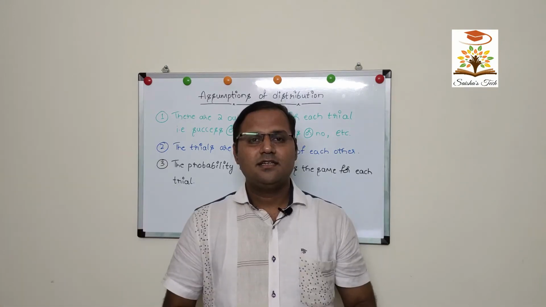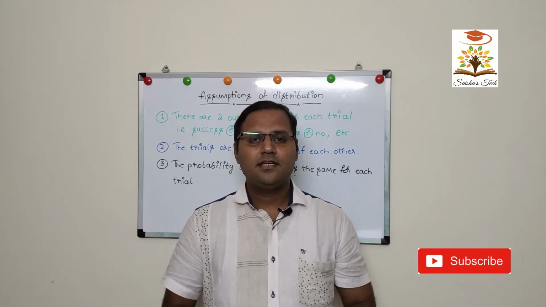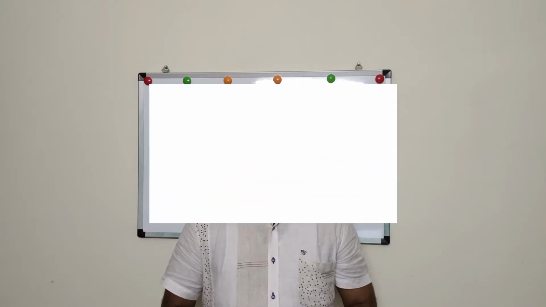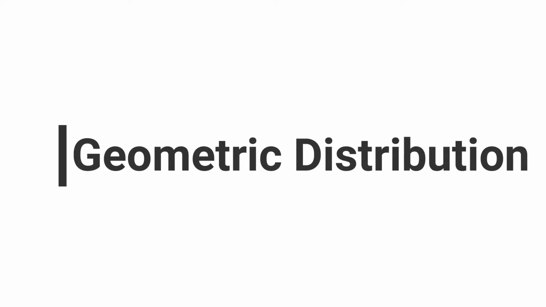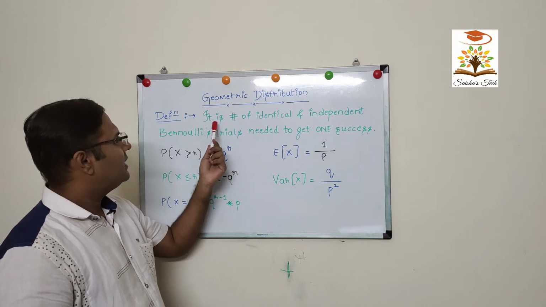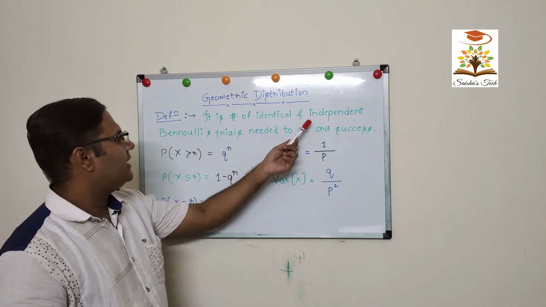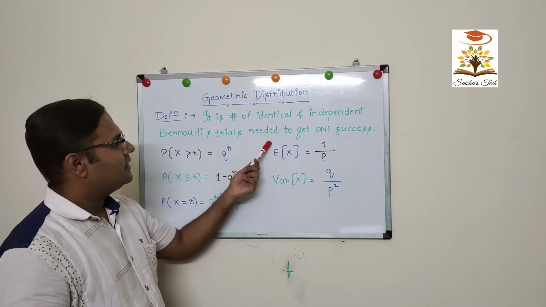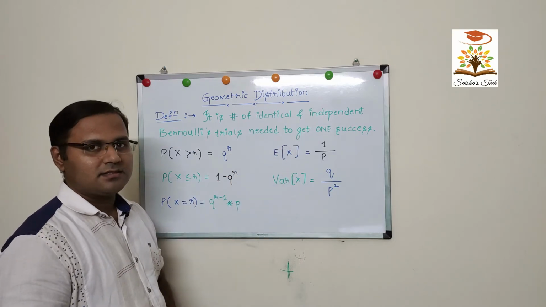Now let us understand the definition of geometric distribution and the formula utilized to calculate the probability of distribution. The definition of geometric distribution is, it is the number of identical and independent Bernoulli's trial needed to get one success.